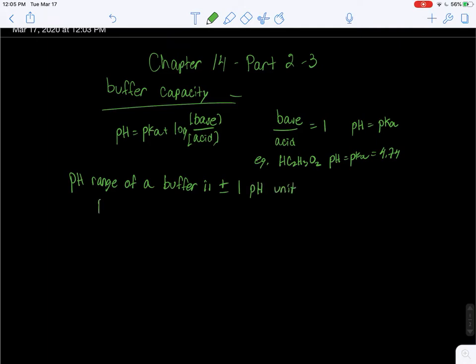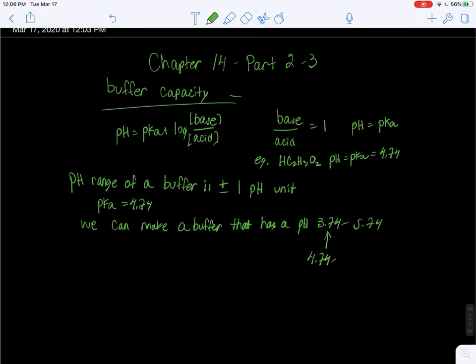So if the pKa of acetic acid is 4.74, we can make a buffer that has a pH from 3.74 to 5.74, right? So I get this first number by doing 4.74 and subtract 1. I get this number here by 4.74 plus 1, okay?